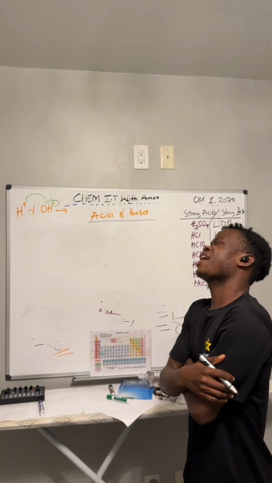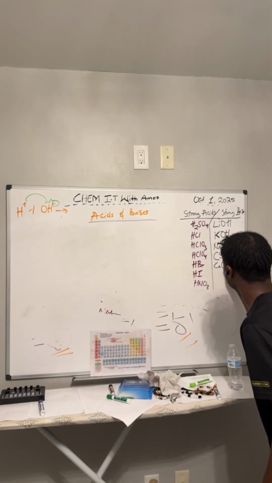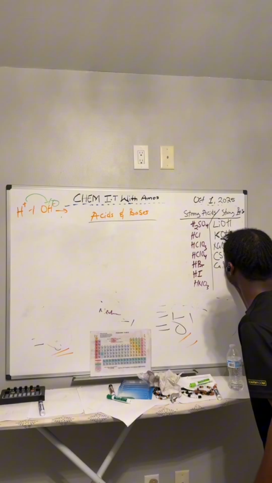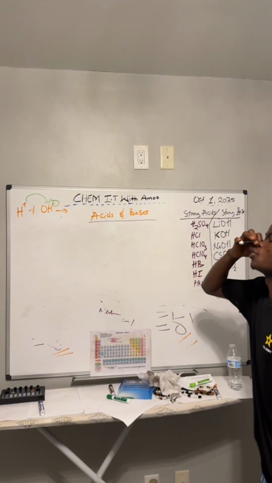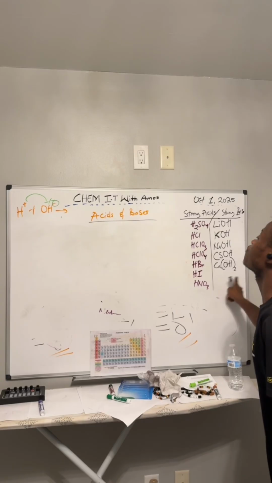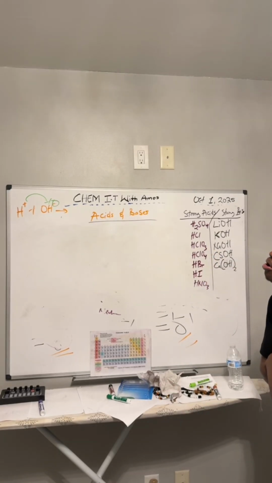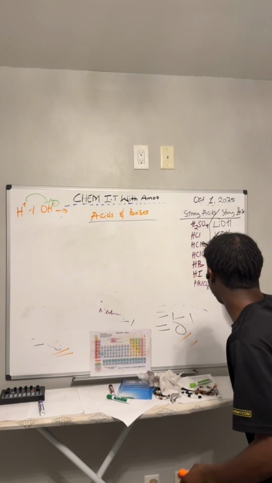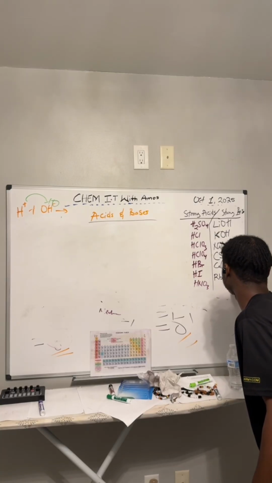We have calcium, so we put parenthesis open, OH, close, 2. This shows how the compound is formulated. It's just easy. And we have another element in group 1 called rubidium, Rb, rubidium hydroxide.